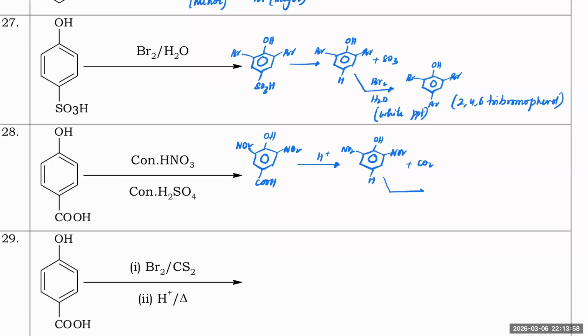Now when this reacts with concentrated HNO3 with concentrated H2SO4 once again, one more nitration will take place. In fact, you will report the final product as this one only. This is the final product you will report, and this is called picric acid.